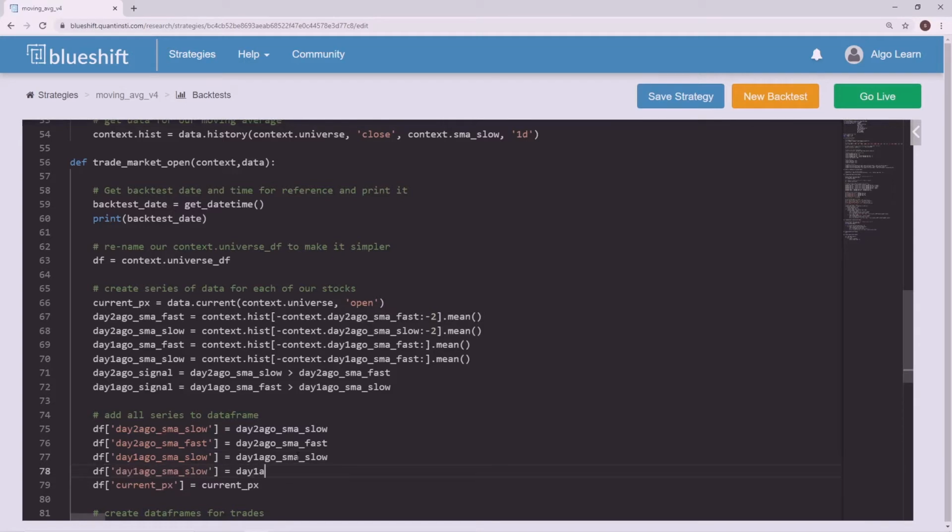Day 1 ago, sorry, I meant fast. Got to label fast. Oh, and we need our signals. I want to put our signal up here.